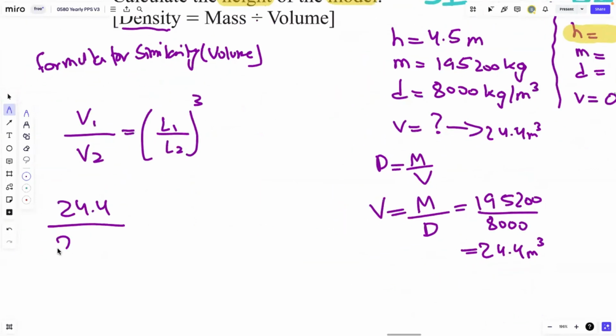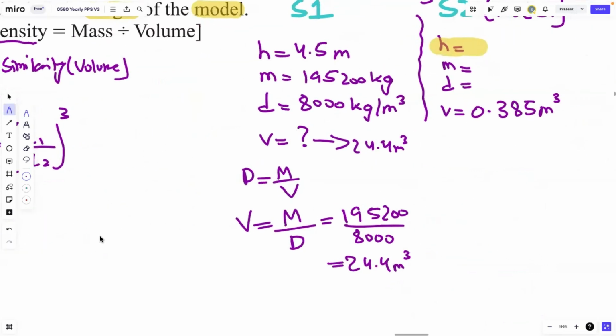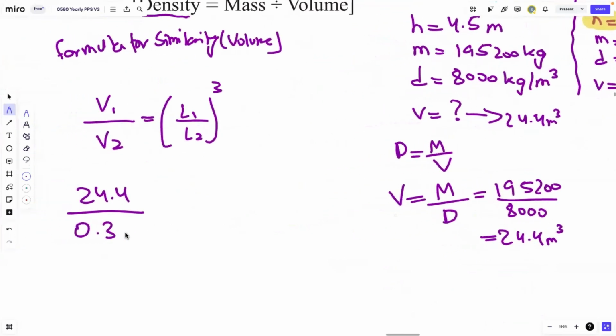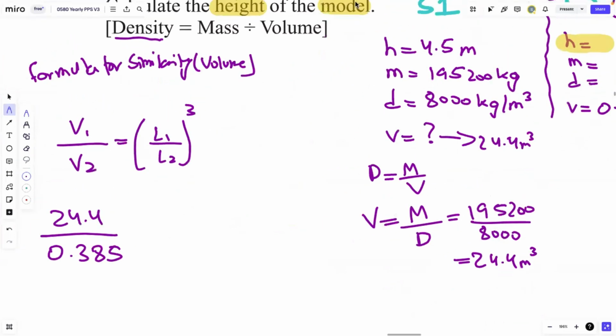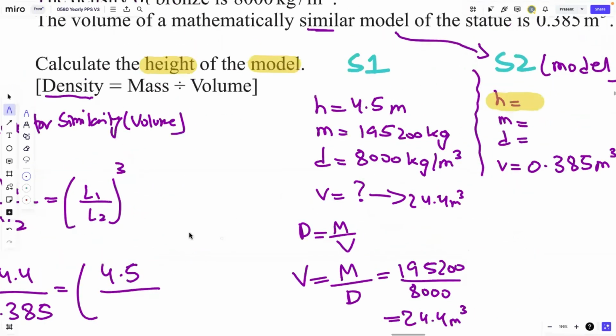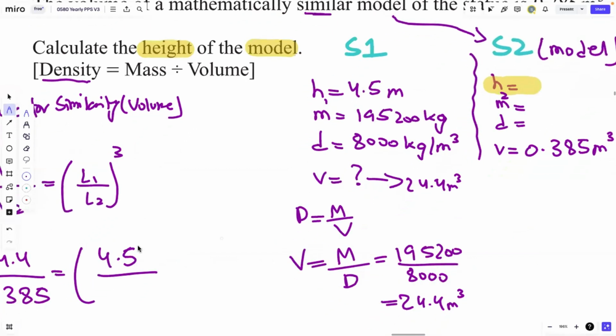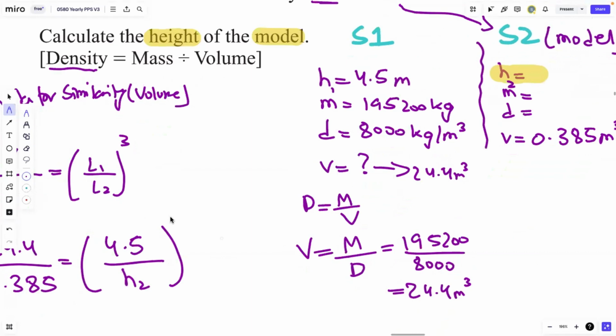Volume 2 is going to be 0.385. Then we write down the lengths, which in this case would be the height. The height of the first statue is 4.5, and the height of the second statue is the one that we're trying to figure out, so we'll keep it as H2, cubed.